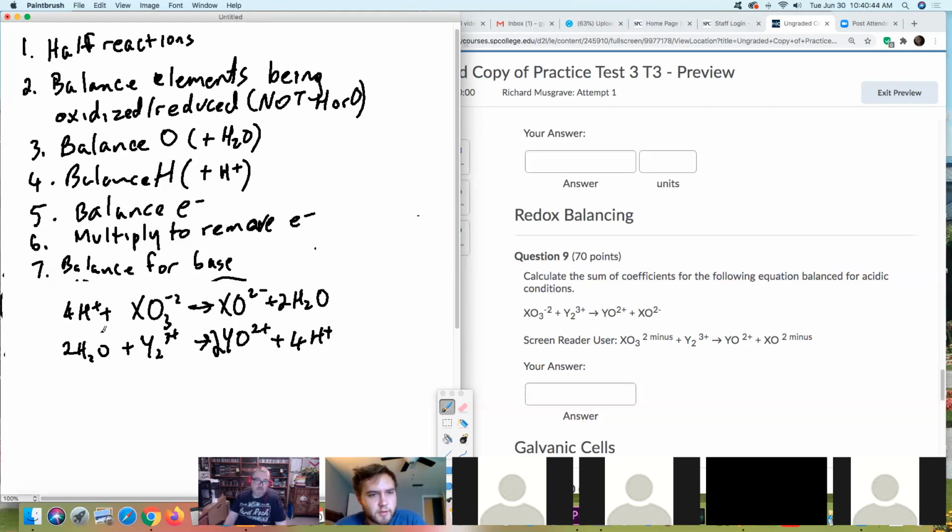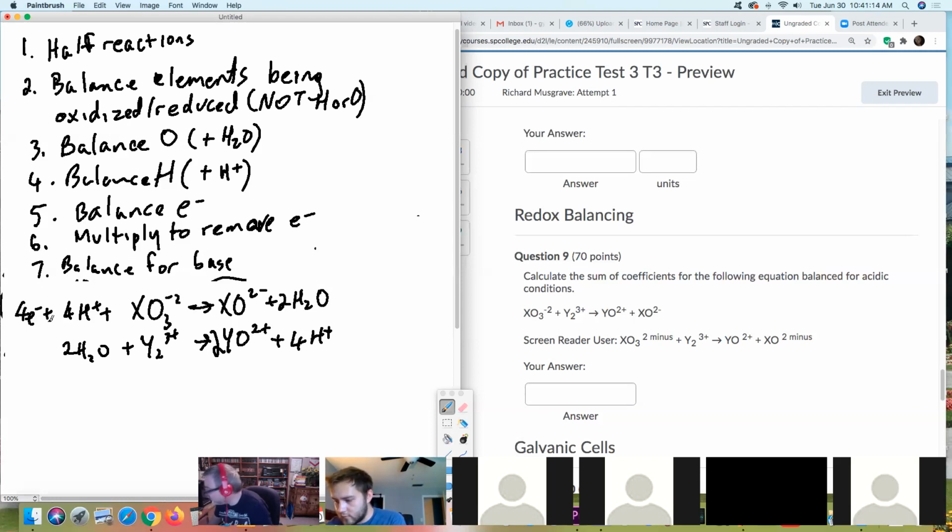The reactants are going to have a +2, and the products are going to have a 2 minus. So how many electrons are we going to add? We have +2, so 4 electrons. Which side, left or right? Left.